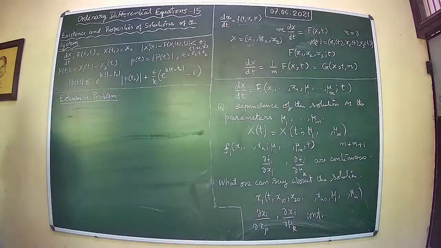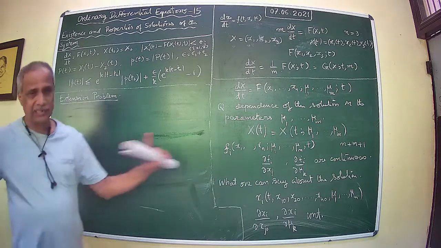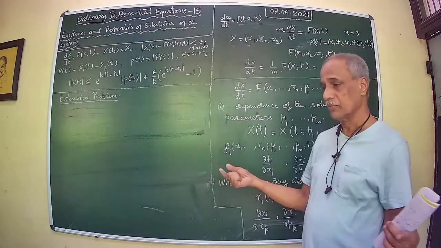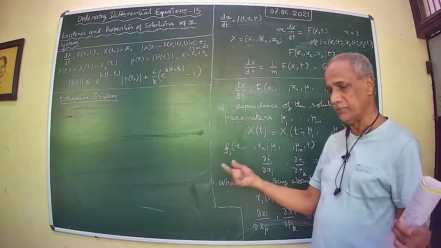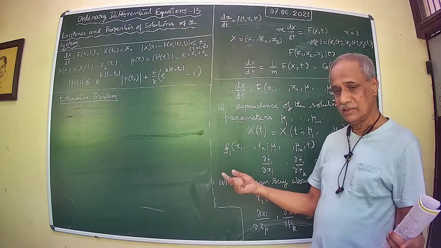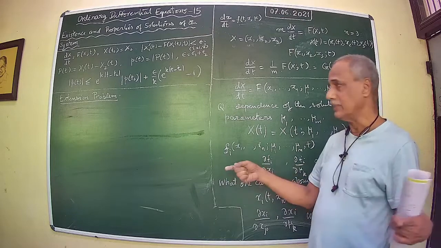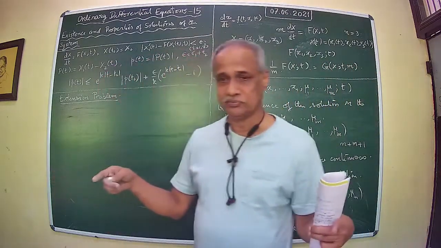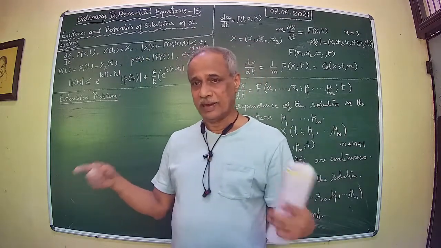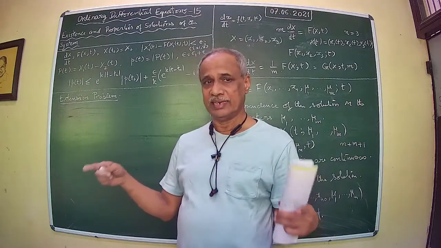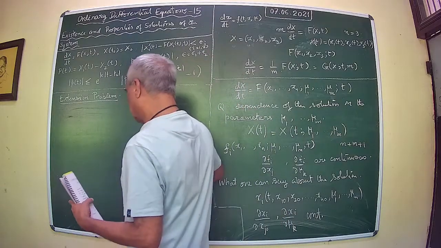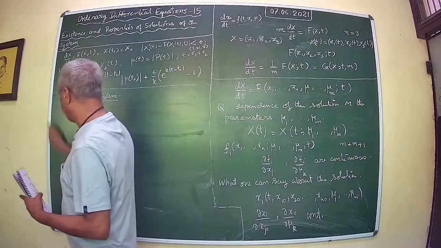Now we want to see the maximal interval on which the solution exists, and there of course what we have observed is that if you go to the limit of the interval, the extreme ends of the maximal interval, then two possible things can happen.